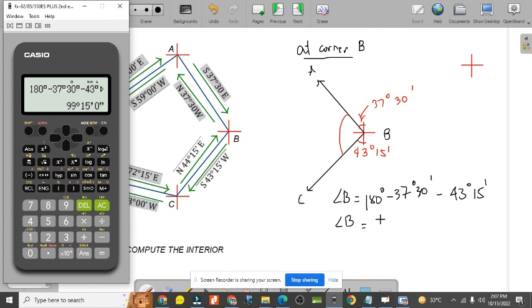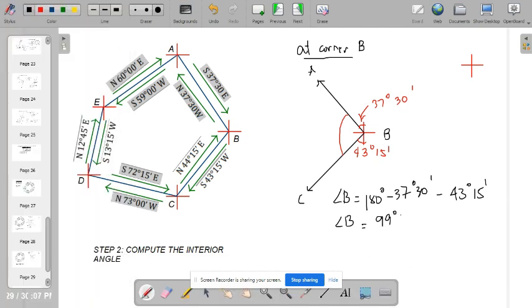That gives you 99 degrees and 15 minutes. So angle B is equal to 99 degrees and 15 minutes. That is for your corner B.